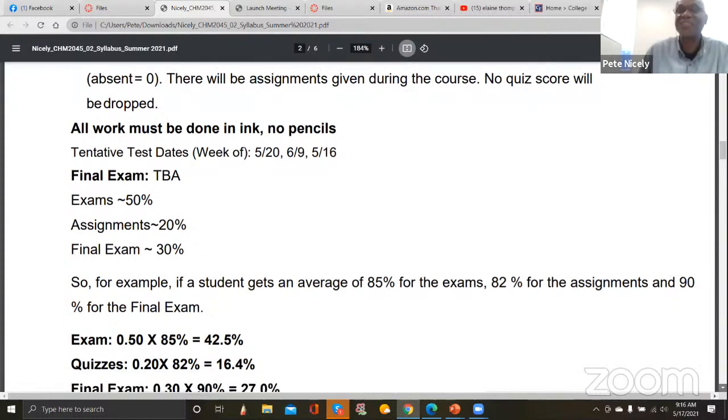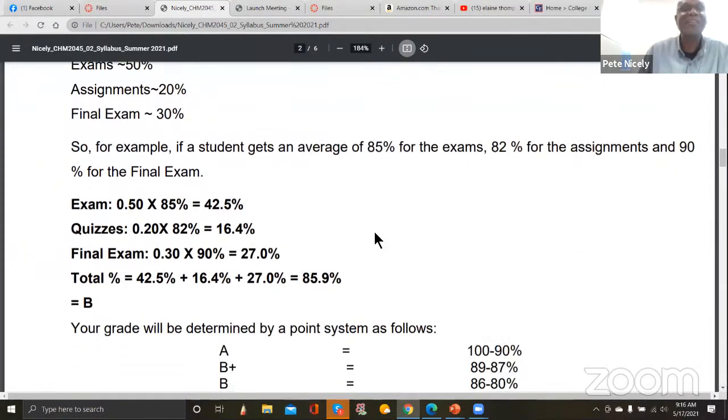So just to give you an idea as to how your grade will be calculated, let's say, and this is a hypothetical situation, a student gets an average of 85% for the exams, 82% for the assignments, and 90% for the final exam. So basically, because the exams are worth 50%, I'll multiply the 85 by 50, and that gives you 42.5 out of a maximum of 50 percentage points.